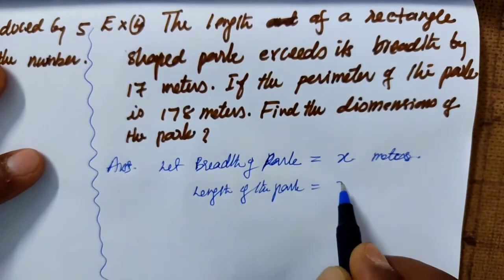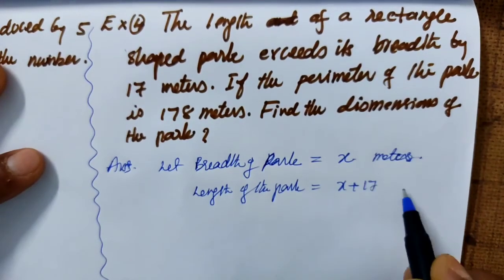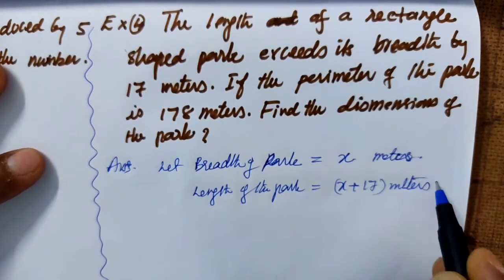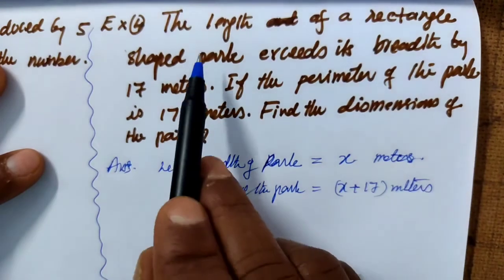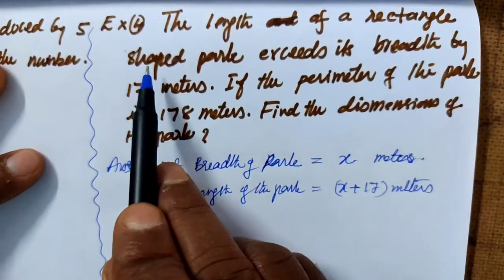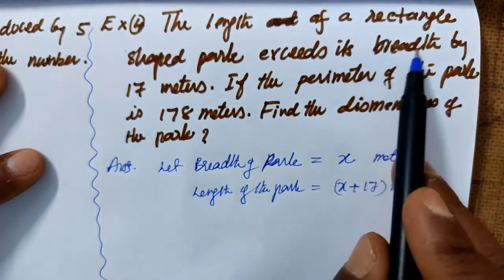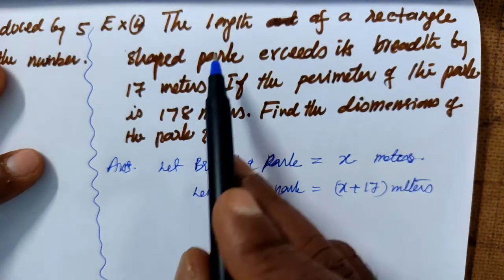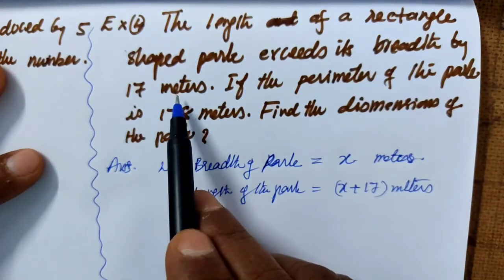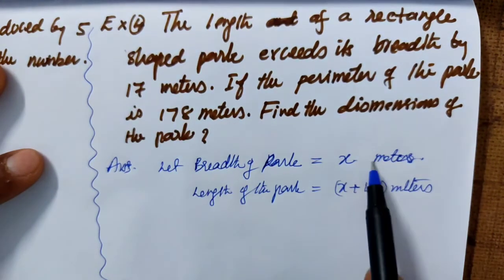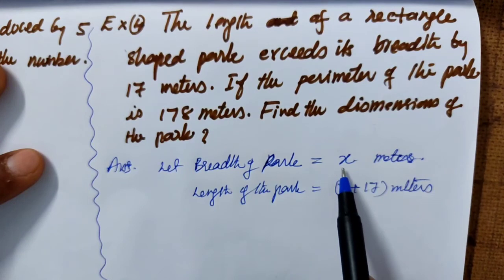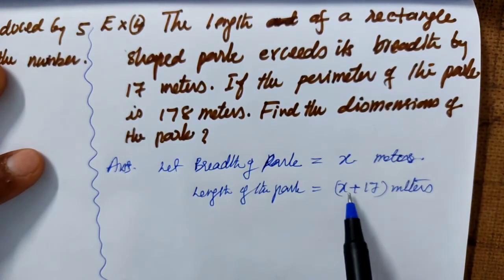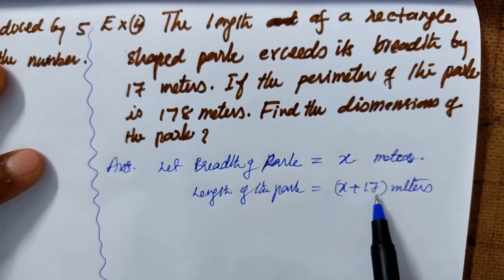Length of the park is x plus 17 meters, because the length of a rectangular park exceeds its breadth by 17 meters. So the length is 17 meters more than the breadth. Therefore, if x is the breadth, then the length of the park is x plus 17 meters.